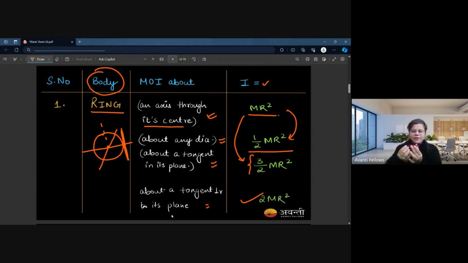If I say this is the ring and this is a tangent which is perpendicular to the plane of the ring, you would see the entire ring is away from this particular point. Entire ring. That's why the inertia is much more than this. Even in the plane, at least a little amount is in contact, so the distance was a little less there, but here the distance of everything is different when it comes to the perpendicular case. Do we get this?